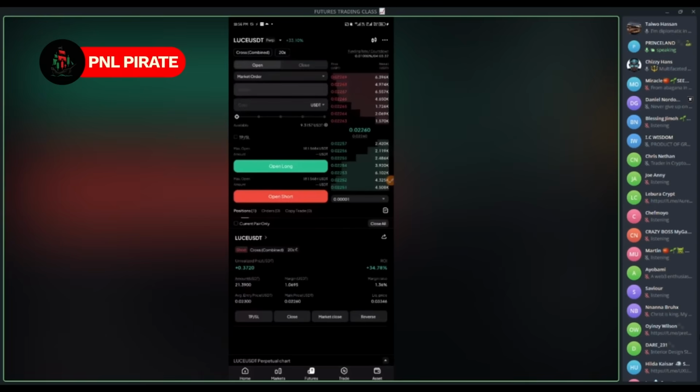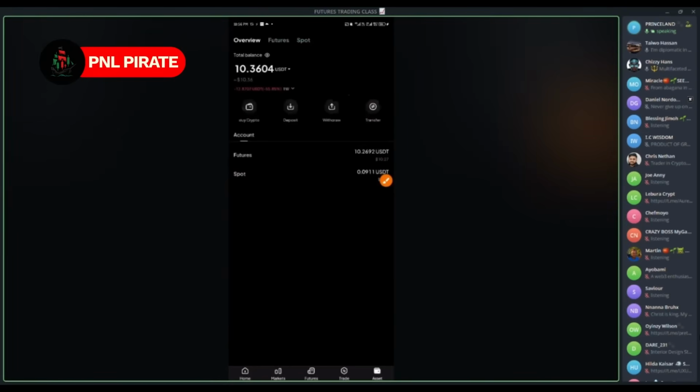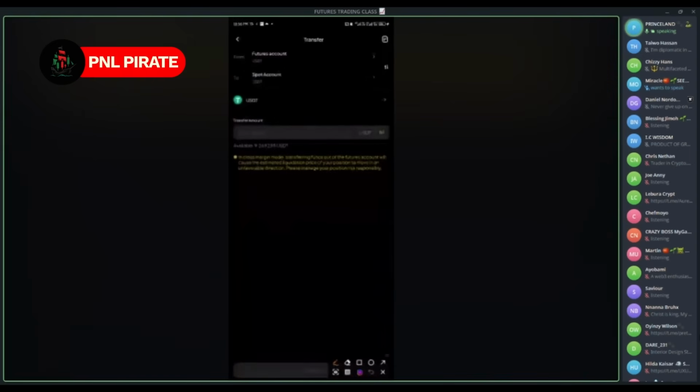Now, if you want to fund your features account, you go to assets here. This is assets here. Now you will discover that you can transfer. See, you can transfer money from features to spot trade. Can you see now?